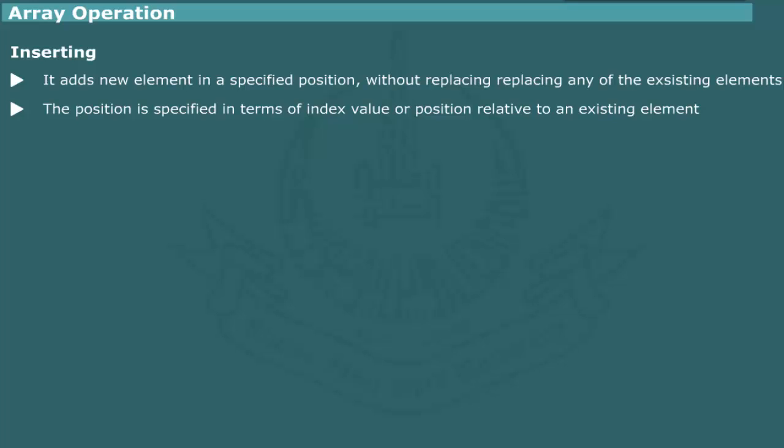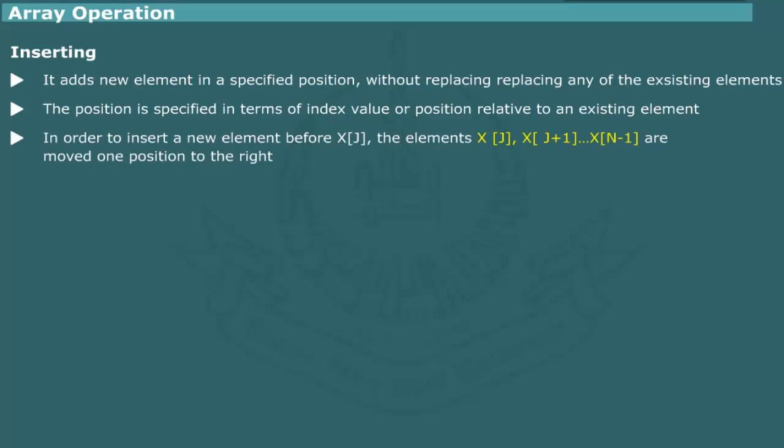In order to insert a new element in a specified location, all elements to the right of the element are moved one place to create room for the new element. For example, if a new element is to be inserted before an element xj, then xj, xj+1 up to xn-1, n being the array size, are moved one position to the right.